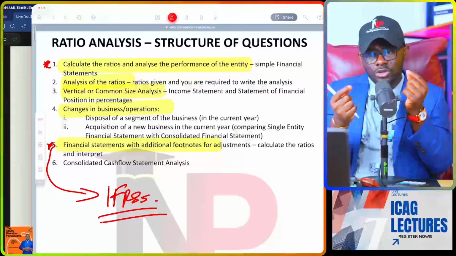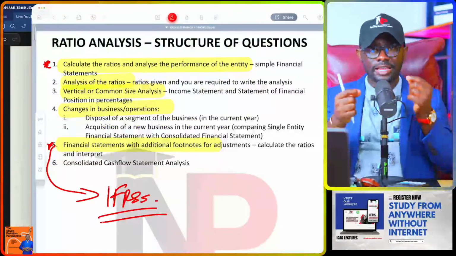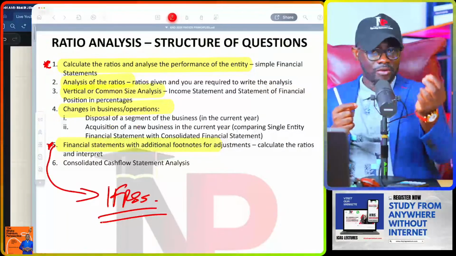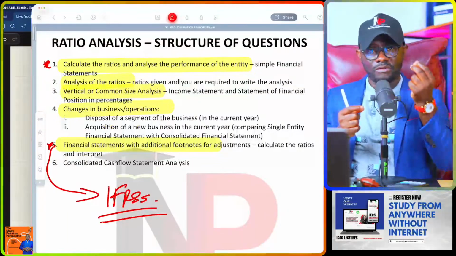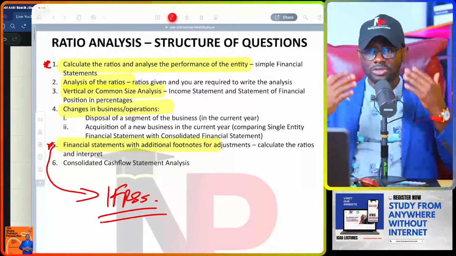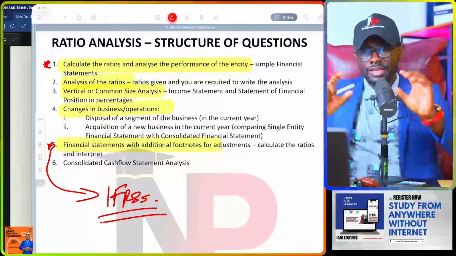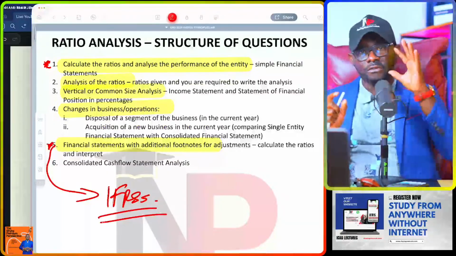And that will also feed into the way we are going to be analyzing the financial performance, the liquidity position, the working capital efficiency, as well as if we are supposed to do gearing ratios, how we analyze that. So for financial reporting students, these are the 5 styling of questions.